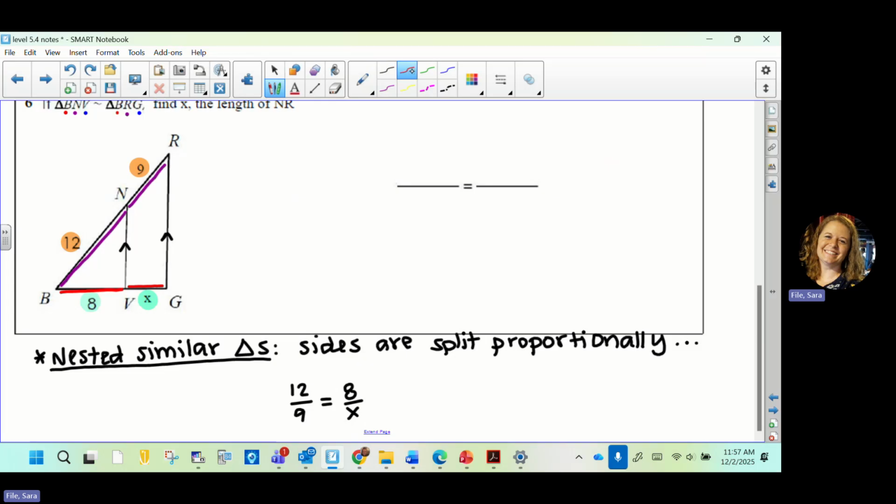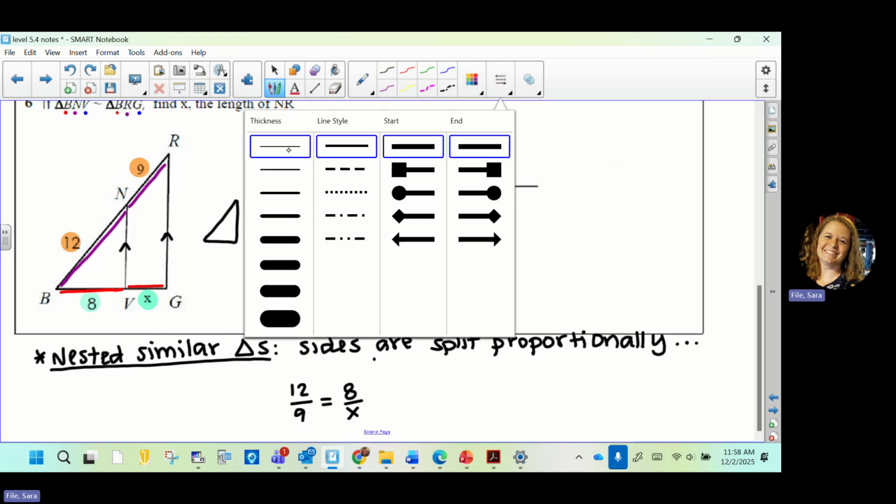Now, the other option on doing this is to split up the triangles, take this little one out of the big one to visualize them side by side. So if you took the little one and the big one and drew them side by side instead of inside of each other, for some people that helps them.